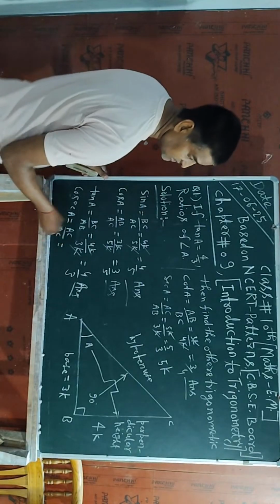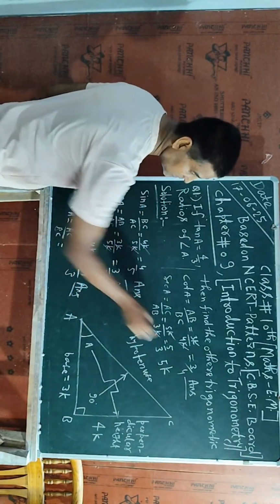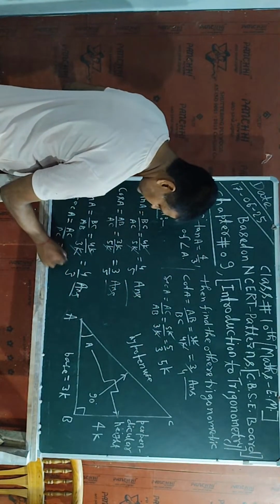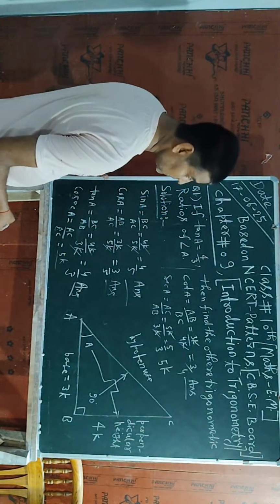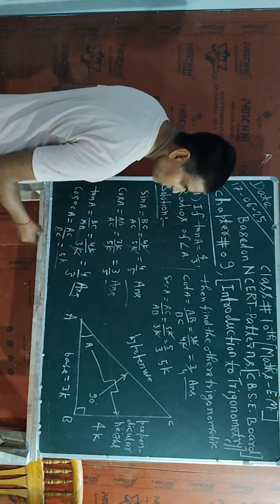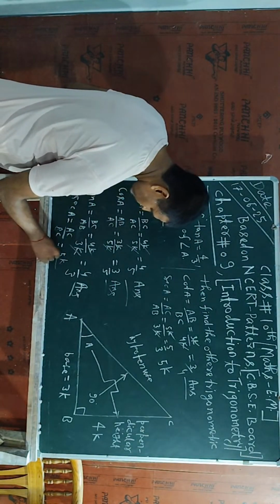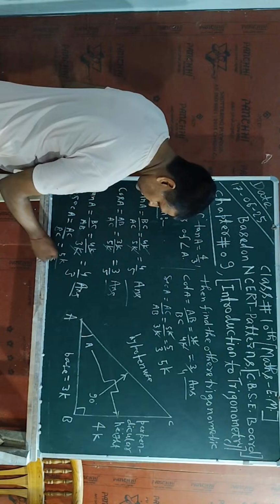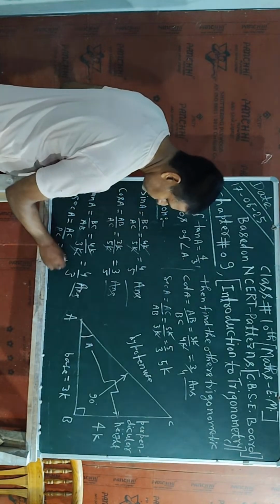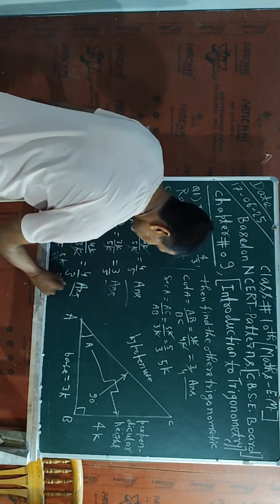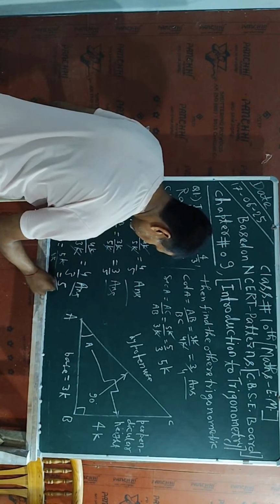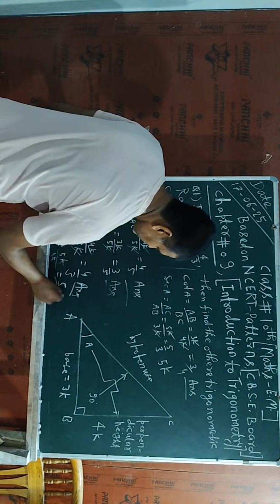The length of AC is 5K, and the length of BC is 4K. So again K and K will be cancelled out. After cancelling I will get its value. That will be 5 divided by 4.